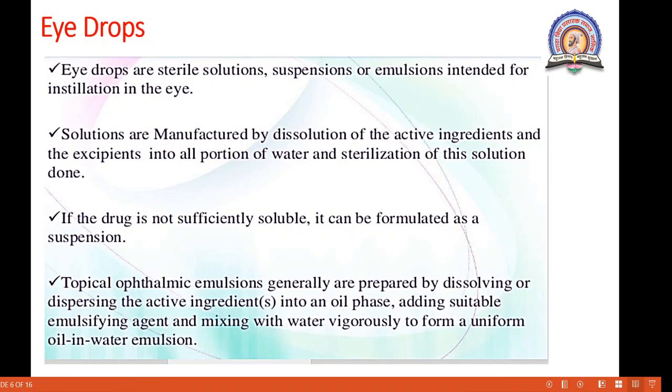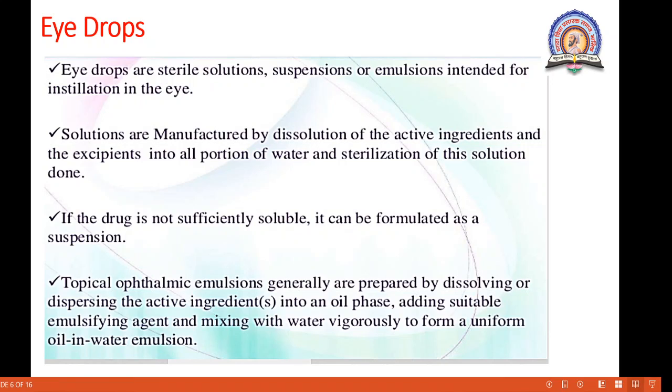Eye drop contains some active part and some non-active part. That non-active part is nothing but the excipients. The proper portion is used, that is dissolved in water, and sterilization of that solution is done.